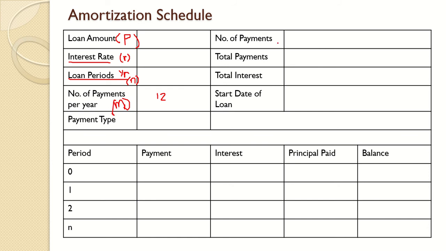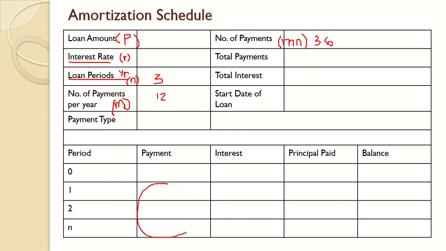And so our number of payments will be M times N. If the loan period, the number of years, is 3, that's 3 times 12, you will have 36.